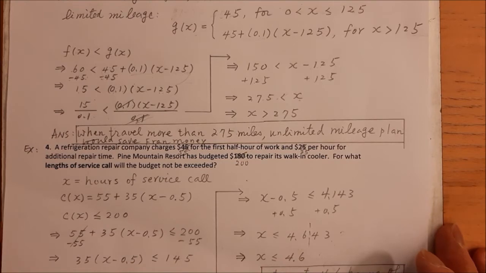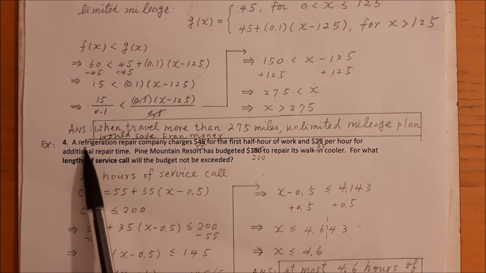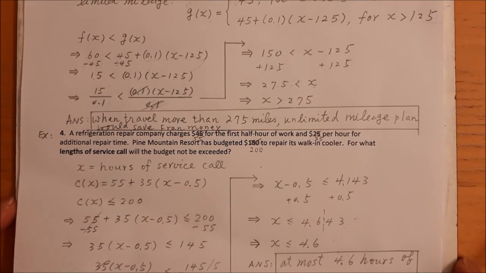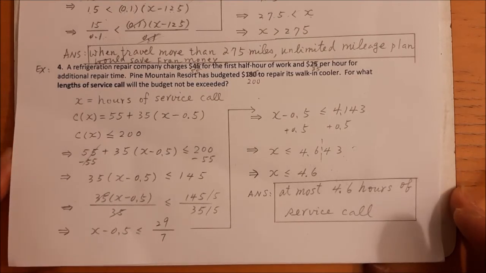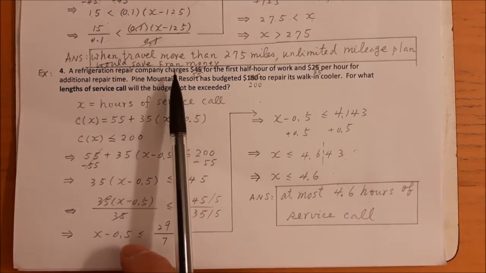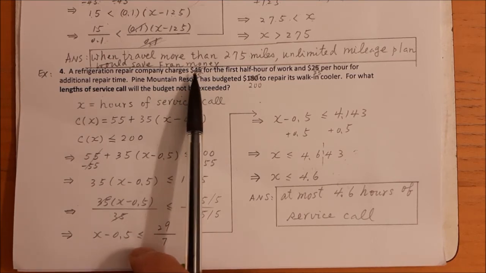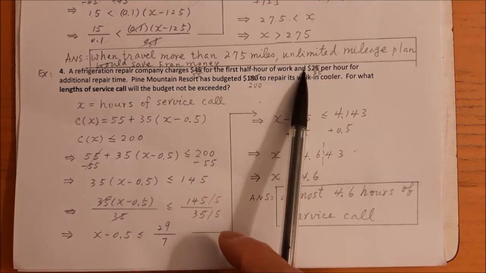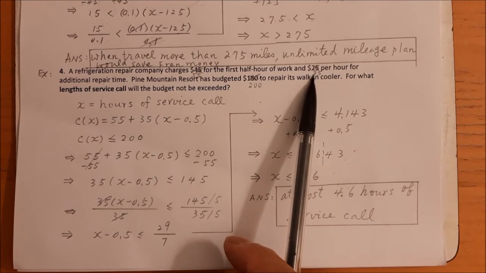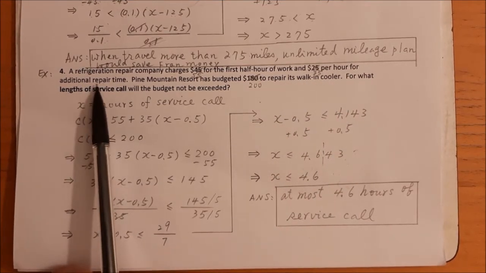Question 4. A refrigeration repair company charges $55 for the first half hour of work, and $35 per hour for additional repair time.